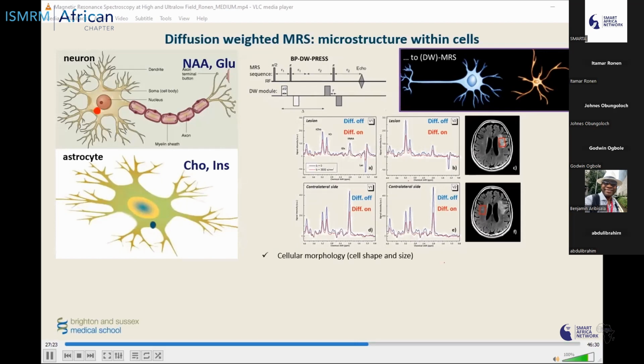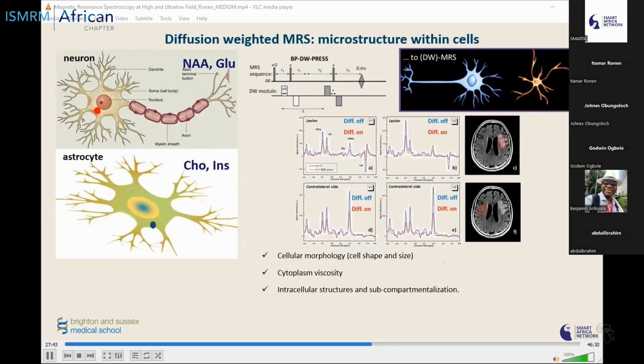And that means that this gives us leverage to provide information about cell shape and size in health and in disease, but also about, for example, the viscosity of the cytoplasm that again might be modulated by disease.